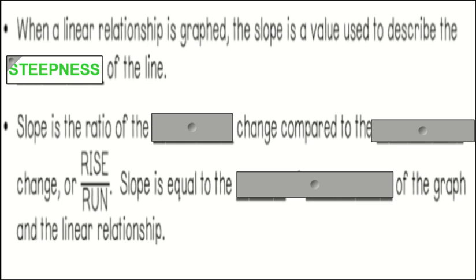It's a ratio, though, of the vertical change compared to the horizontal change. Saying the vertical change compared to the horizontal change makes it sound a lot more complicated than it is.